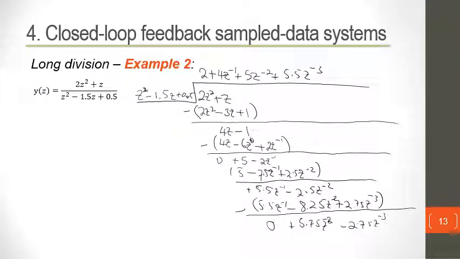And then we have z going into 5.75 z to the power minus 4. So we can go on and go on and so on and so forth.